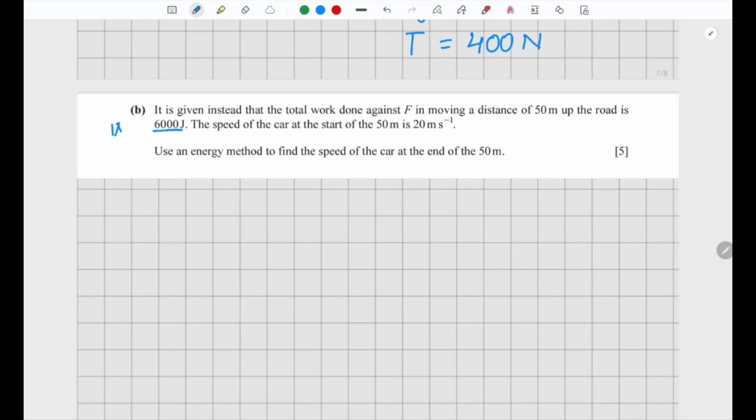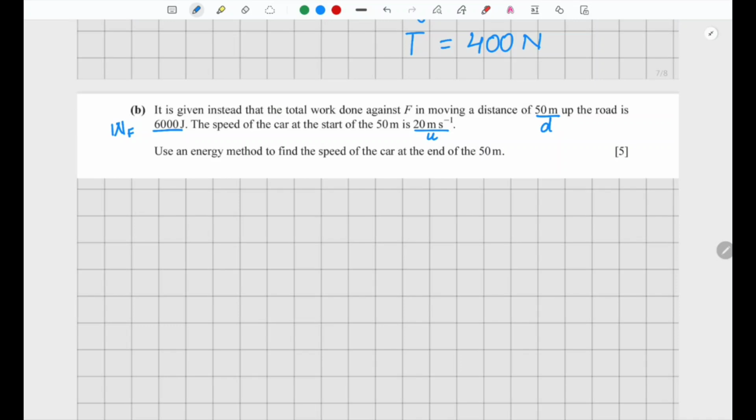The speed of the car at the start of the 50 meters is 20 meters per second. So this is the initial speed, and this is the distance it has covered.